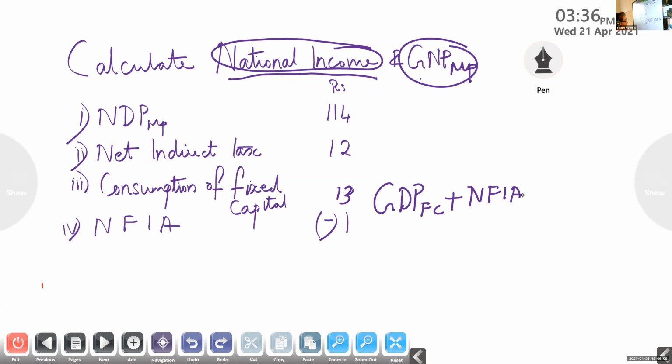Now, what is GDP-FC? Find out GDP-FC, whether they have given it or not. See whether GDP-FC is given. GDP-FC is given as GDP-MP, right?